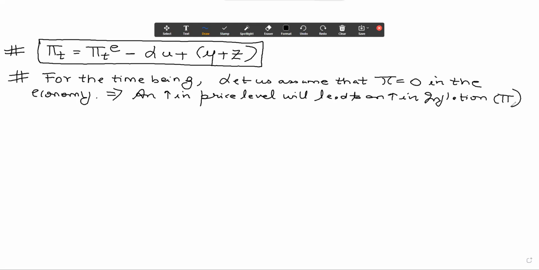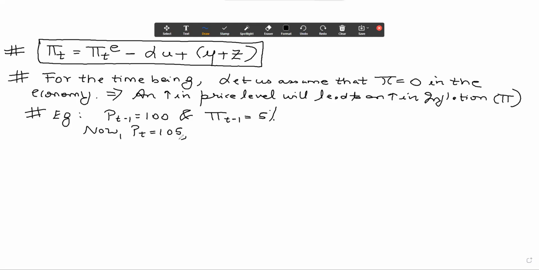See guys, ideally if you look at it, inflation is continuous and persistent rise in prices. For example, suppose my price level in period t minus 1 is 100, and suppose initially my inflation in period t minus 1 is 5%. Now if price rises to 105, will I say that inflation has gone up?